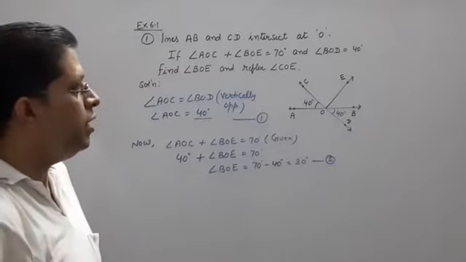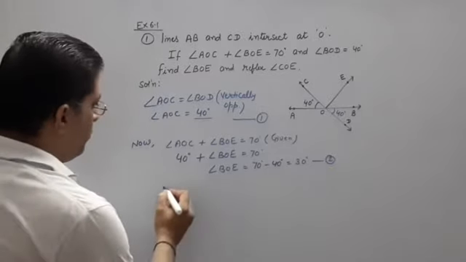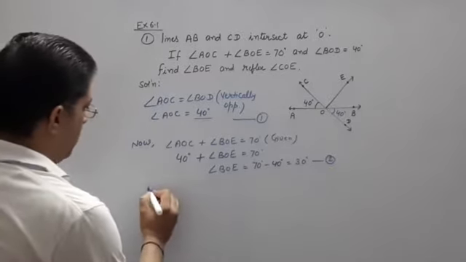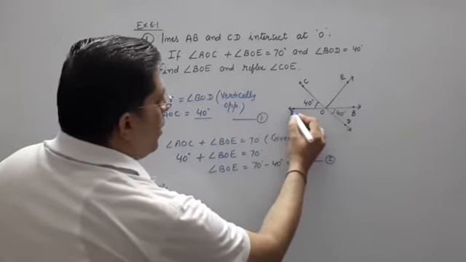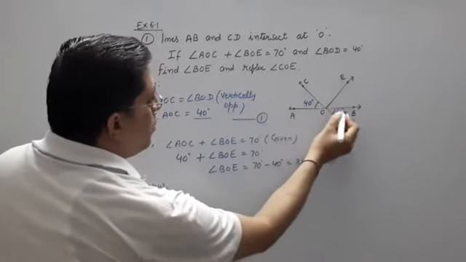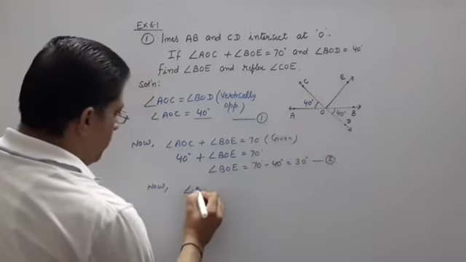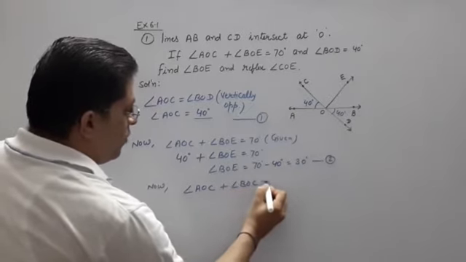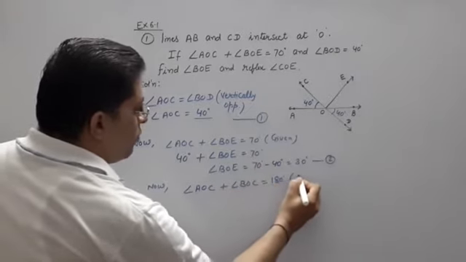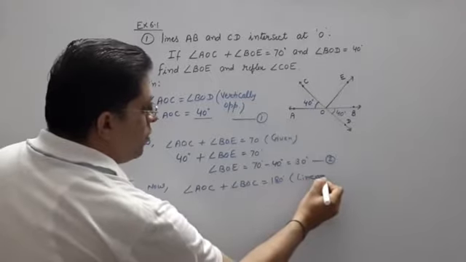Now, by linear pair you see. Take linear pair. Angle AOC plus angle BOC is equal to 180 degrees. This is linear pair.